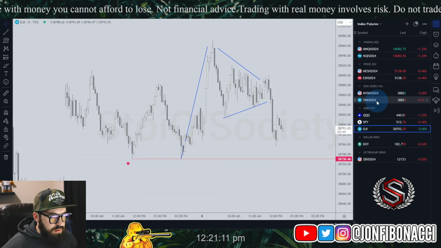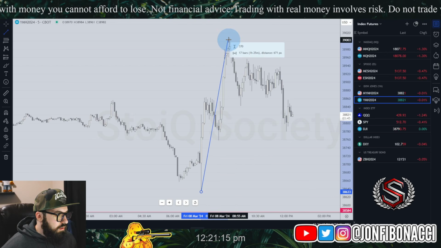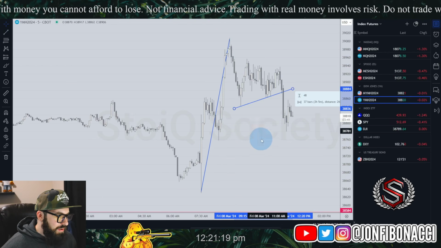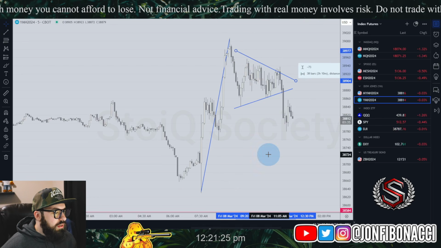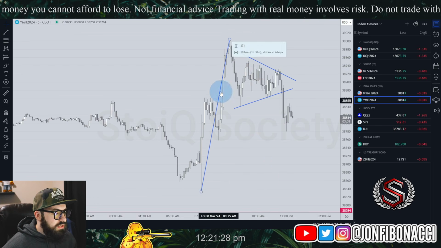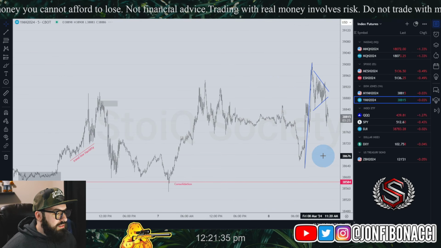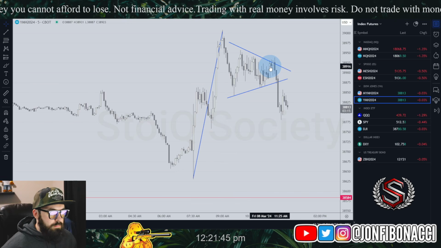That looks better. If there's ever going to be a clean retail pattern, it's going to be right here, okay? You guys see what I'm seeing, right? This is a retail bullish flag pattern.